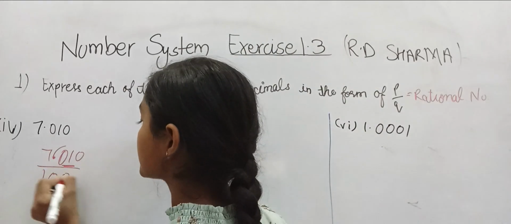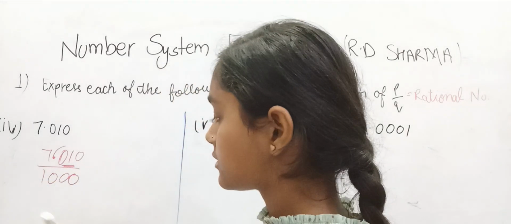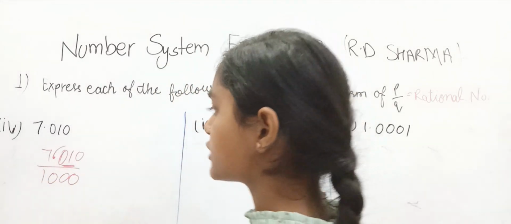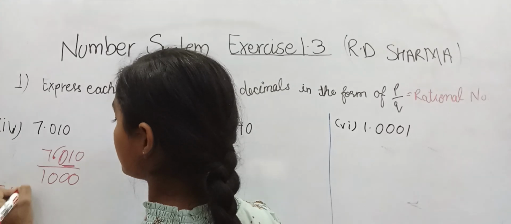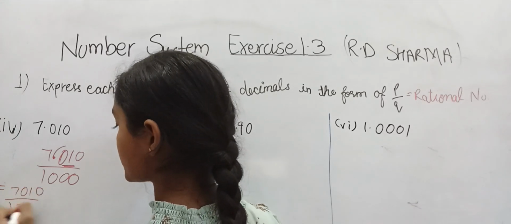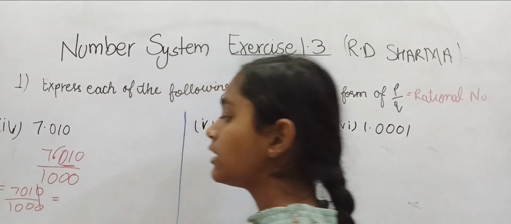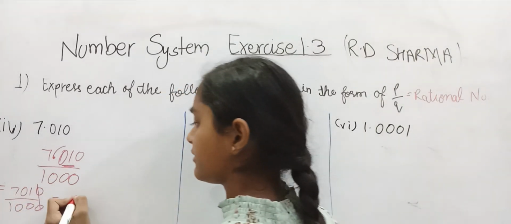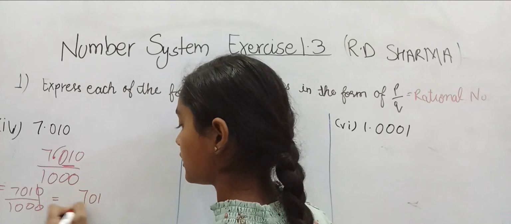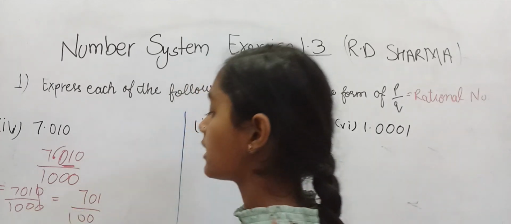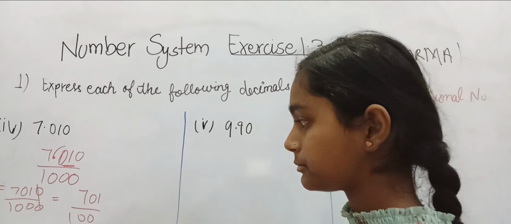There are 3 digits. So we'd add 3 zeros here, which would give us 7010 upon 1000. Now we can easily cancel a 0 from the top and bottom, as it would not make a difference. Now the final answer would be 701 upon 100.